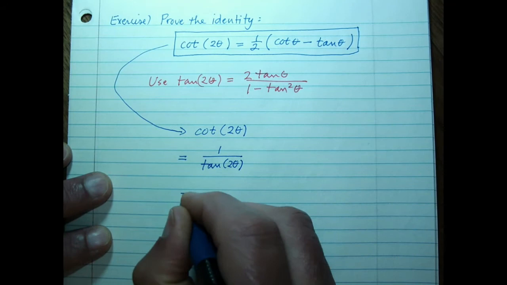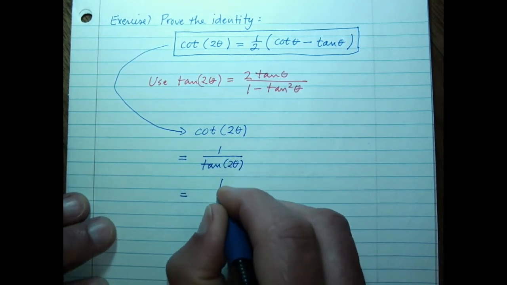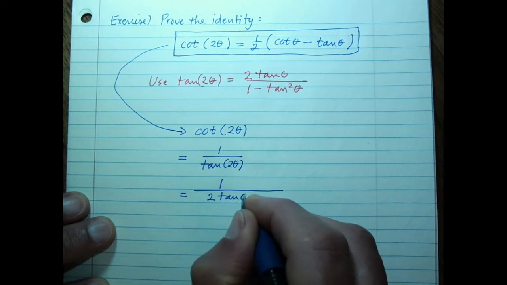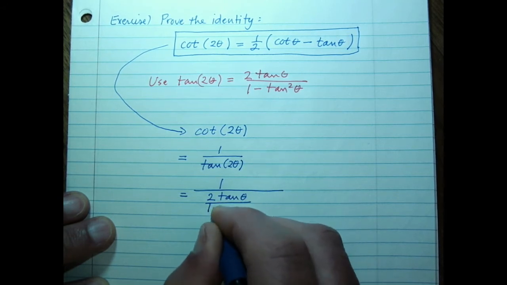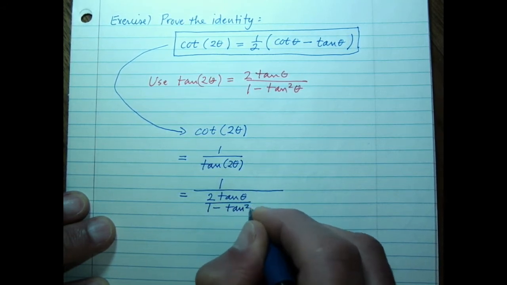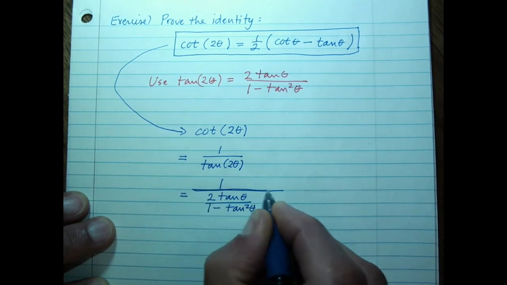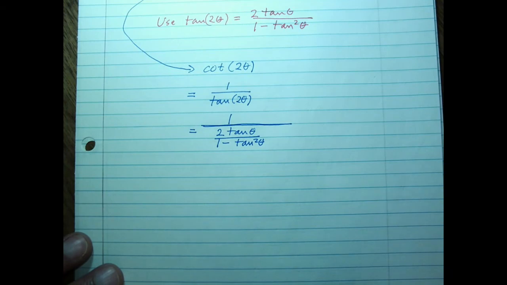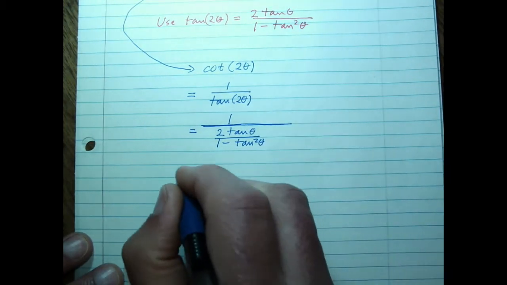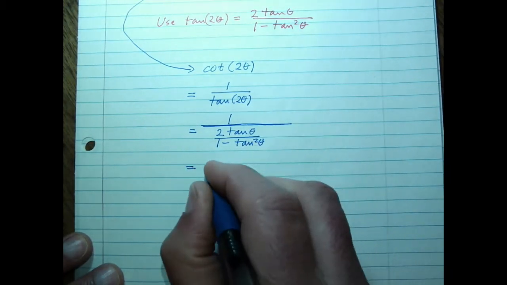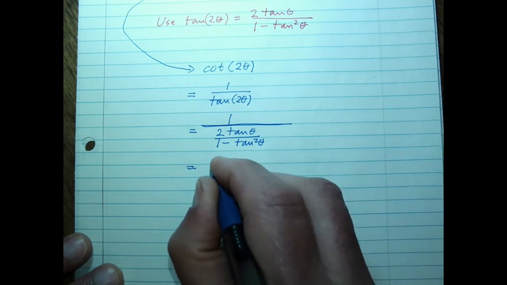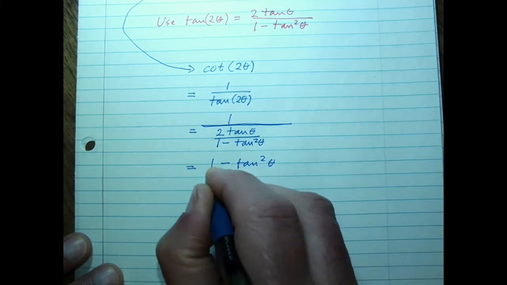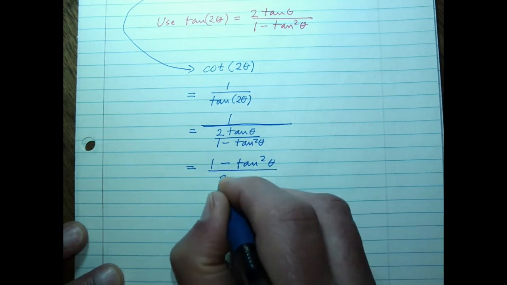So this is going to be 1 over 2 tan theta over 1 minus tangent squared theta. One over a fraction is just the reciprocal of that fraction. I can work out the division, but I'm going to end up with 1 minus tan squared theta over 2 tan theta.